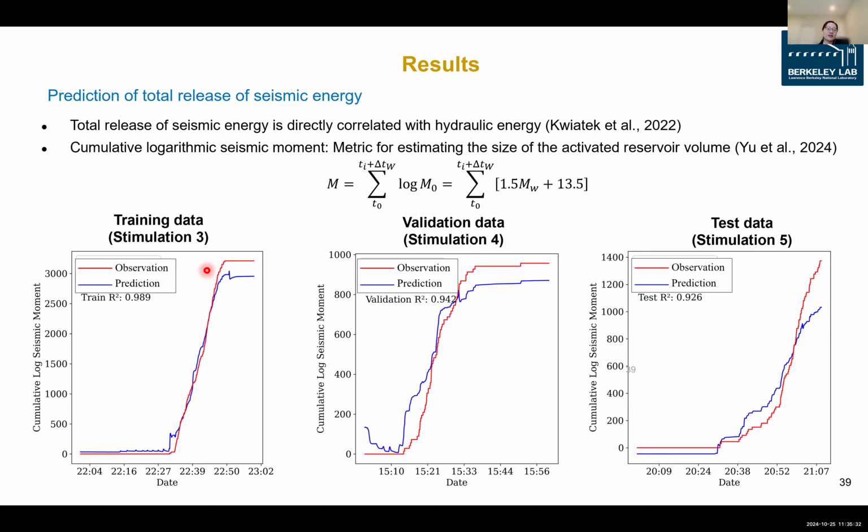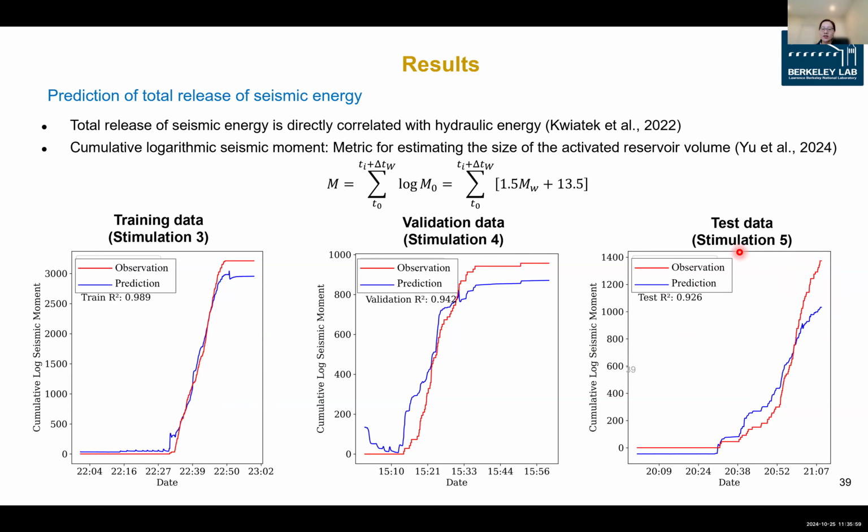So we use the cumulative logarithmic seismic moment. And here is the result of this seismic energy representation. Overall, the prediction was okay, except that the cumulative seismic moment on the test set is under-predicted.